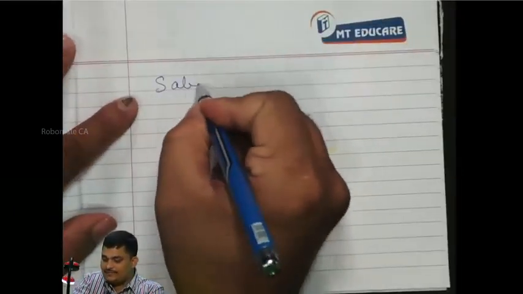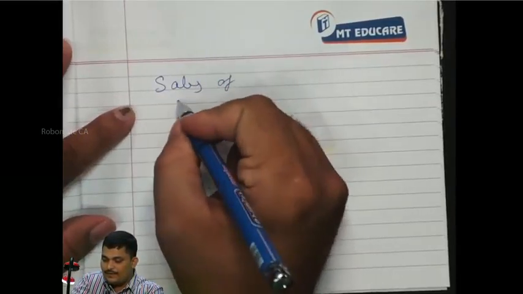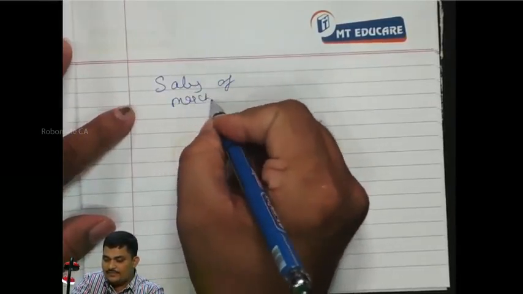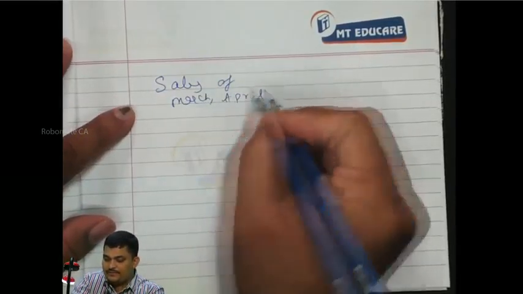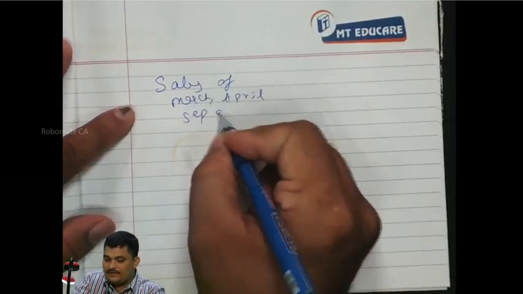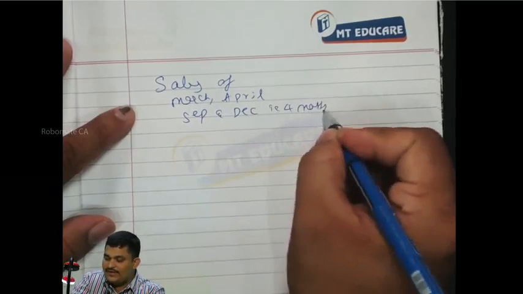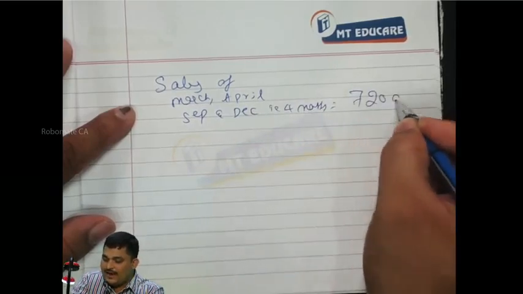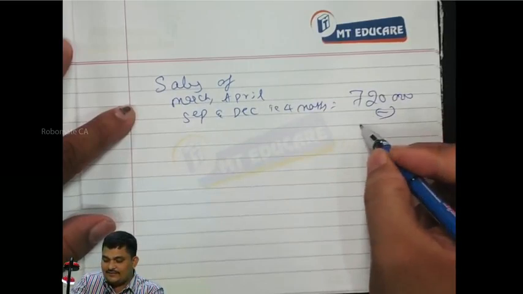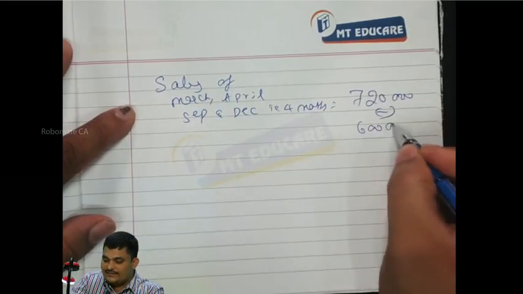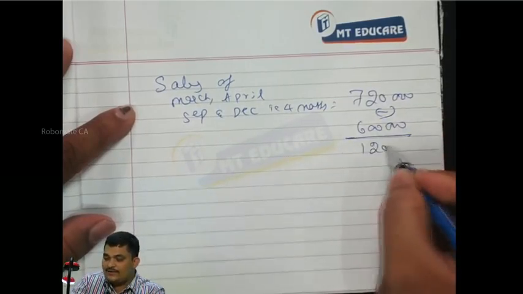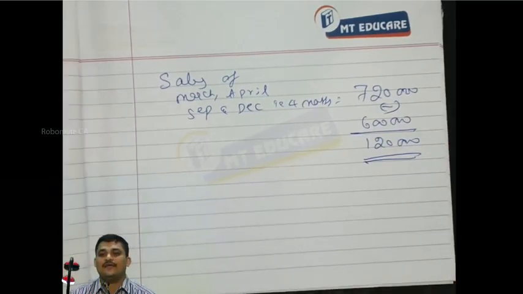Sales of March, April, September and December, that is 4 months, equal to 7,20,000 minus 6 lakhs, 1,20,000. Everybody? And we assume that this 1,20,000 was even in each of these 4 months.